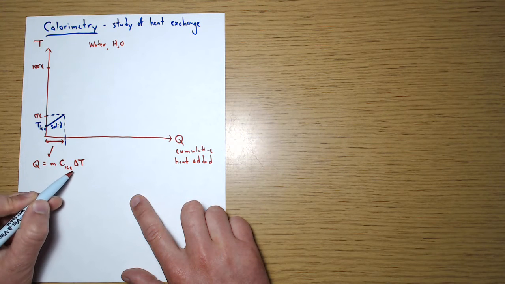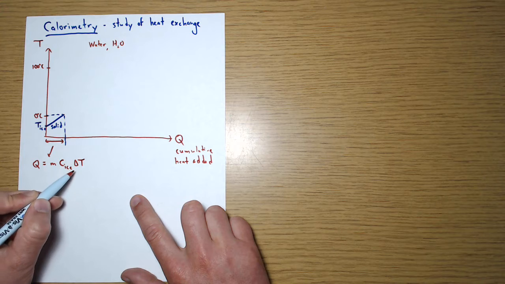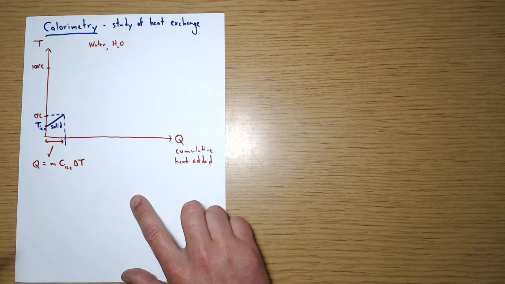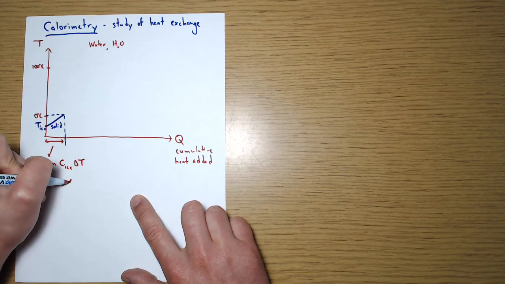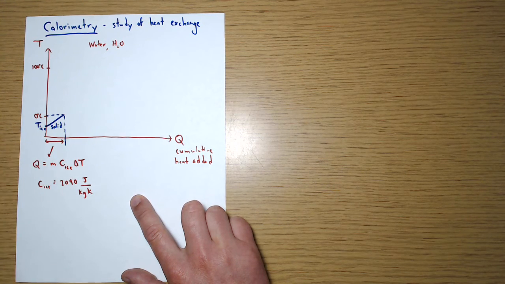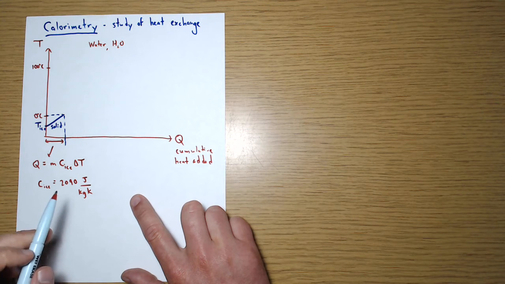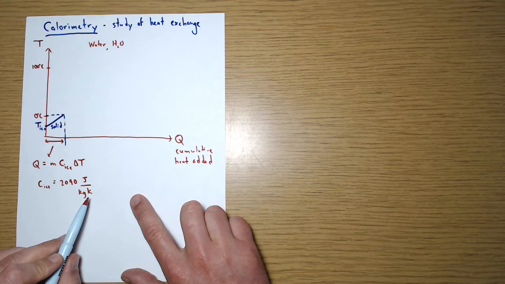We're just going to take the experimental numbers for this, but basically it measures the ability of the water to store energy in microscopic degrees of freedom. So the specific heat of ice is equal to 2090 joules per kilogram Kelvin. So this means it takes just over 2,000 joules of energy to change 1 kilogram of ice by a single Kelvin.